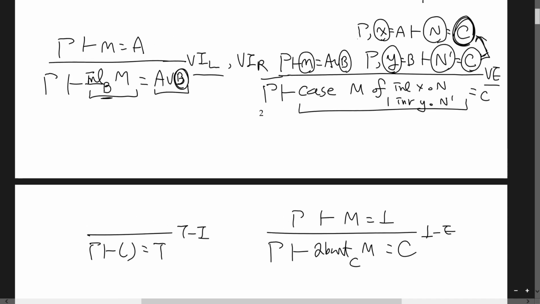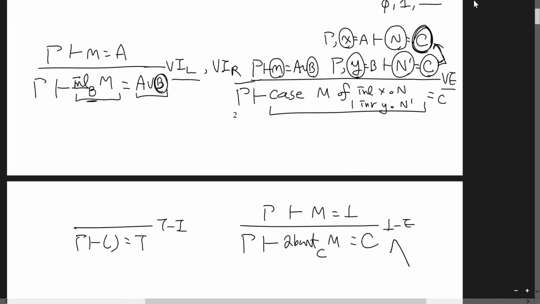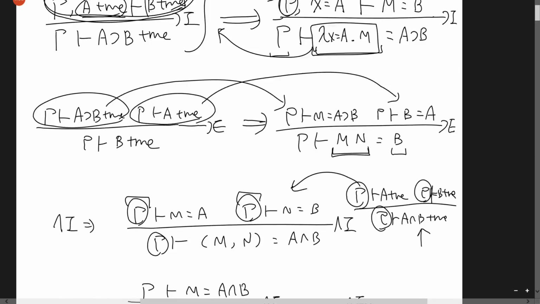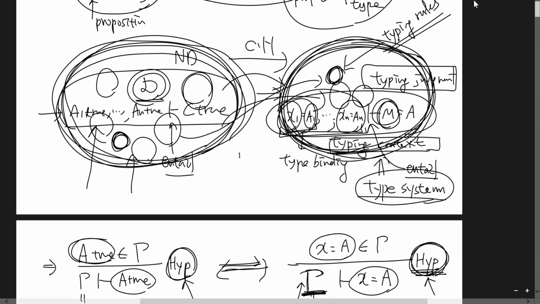So that's how we derive these typing rules or the inference rules based on this typing judgment. So we systematically derived all typing rules or inference rules in this type system by applying Curry-Howard isomorphism again to this natural deduction system formulated with this hypothetical judgment.